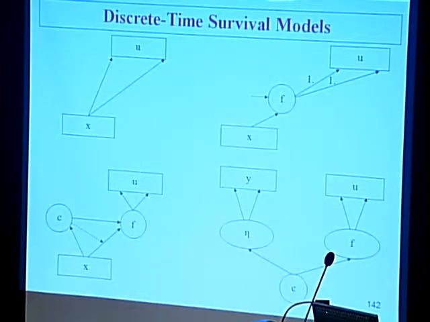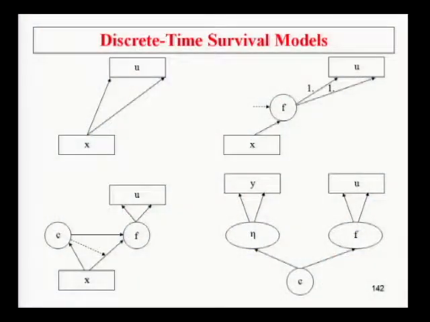Bottom left, you have a hazard survival model combined with the latent class model that we're going to talk about in August. Different latent classes of individuals having different hazards. And bottom right, can you see what this model says? Well, here is very much shorthand for a growth model.